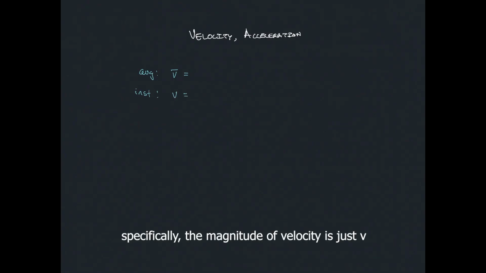Okay, now let's talk about what average and instantaneous velocity are. So average velocity is represented with v with a line over it, and usually instantaneous velocity is just represented with a v. All right.